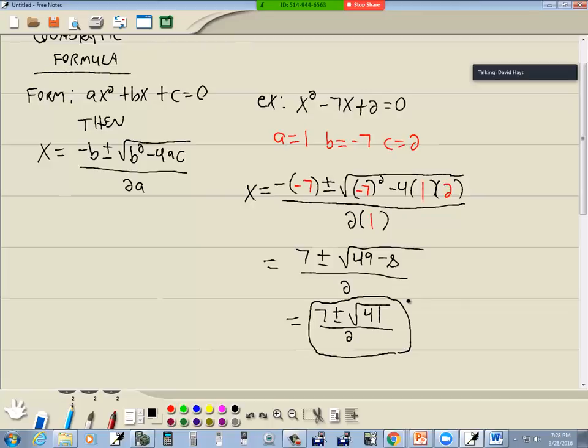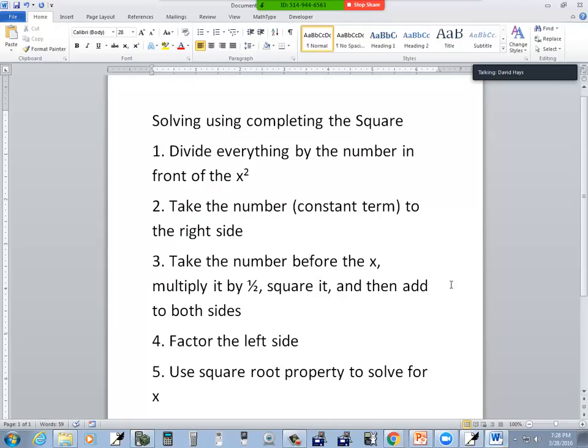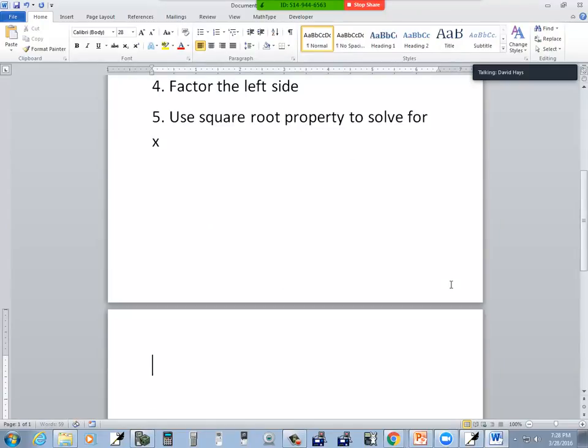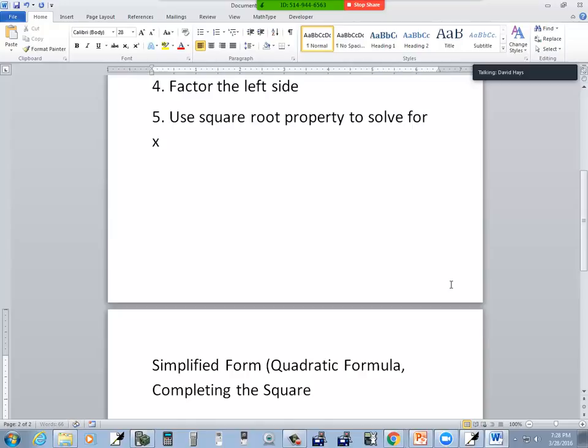Now let's talk about simplified form. And this applies to the quadratic formula. It also applies to completing the square. It applies to the square root property.